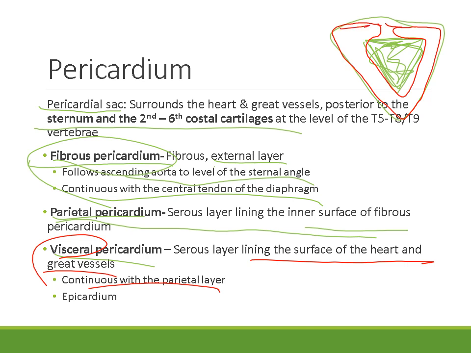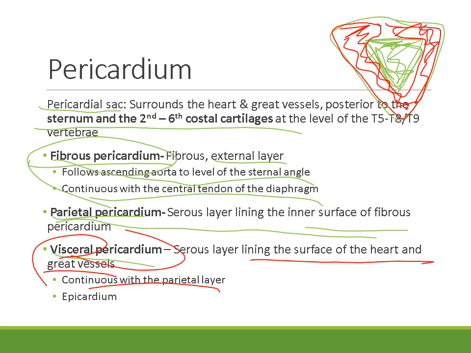The space between them is the pericardial cavity. That's the space that the heart has. The space between the two layers is filled with pericardial fluid, serous pericardial fluid. These two serous layers are slick and smooth, and they're always moist with the serous fluid, so they can slide and glide alongside each other without generating any friction whatsoever.